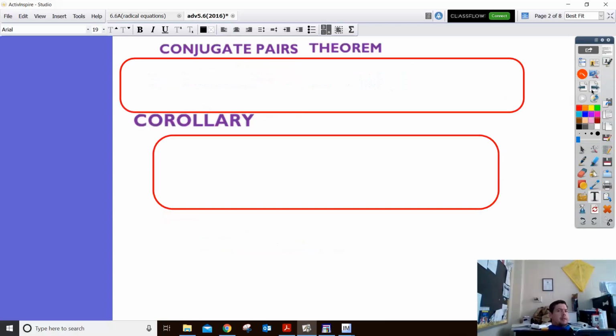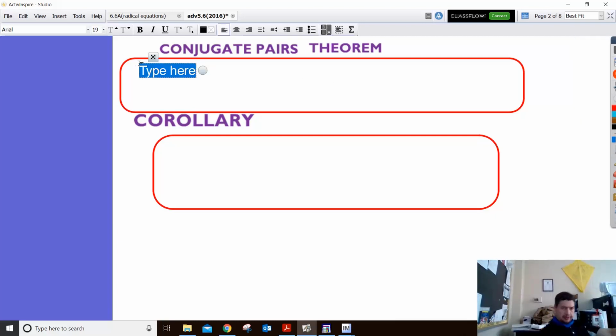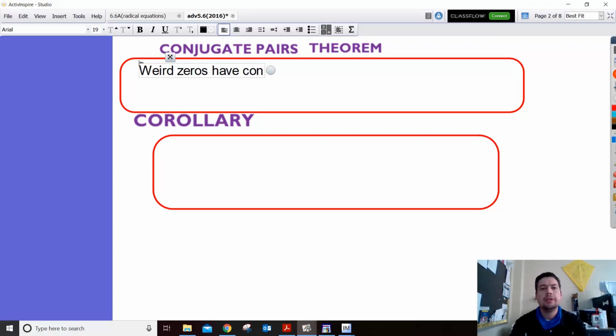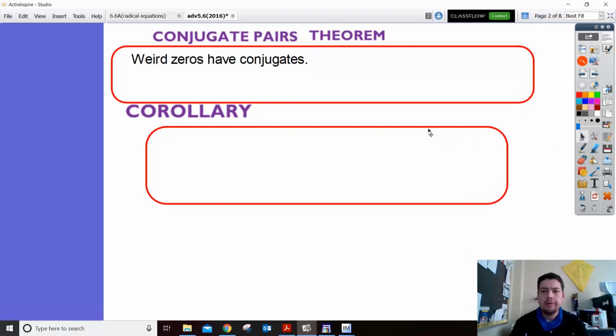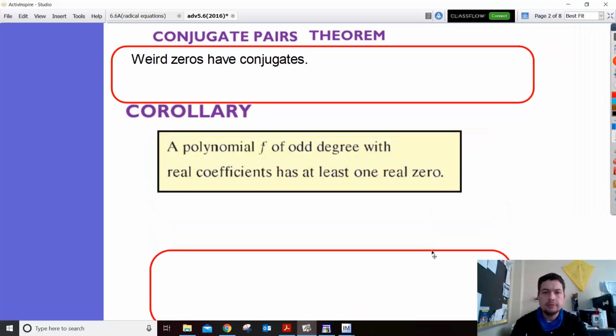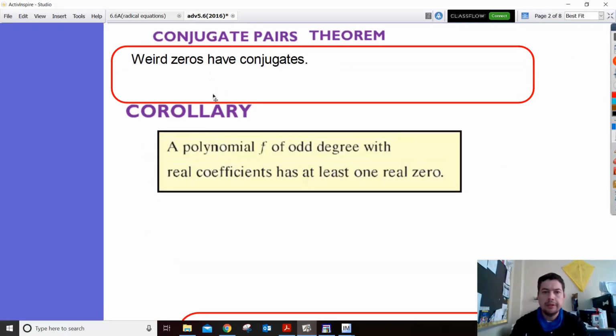All right, next theorem in here is the conjugate pairs theorem. And I'm going to put this in nice, easy speak. Weird zeros have conjugates. I don't even know what I have a corollary in here for. Is there anything there? Nothing I care about.